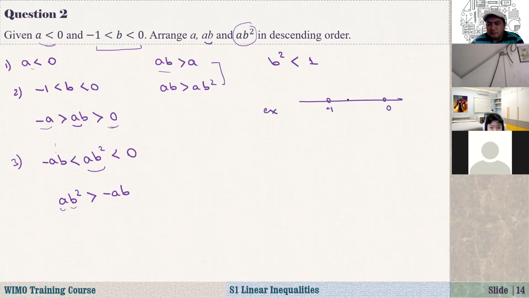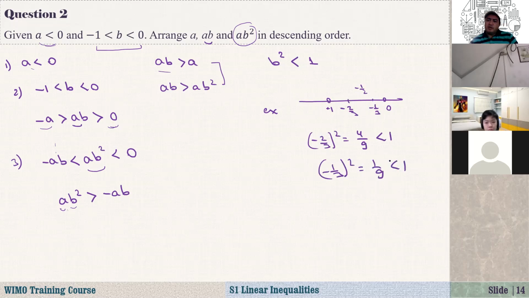What numbers do we have here? Let's say minus 2 over 3, or minus 1 over 3, maybe minus 1 over 2. What is minus 2 over 3 squared? It is 4 over 9, less than 1. What is minus 1 over 3 squared? It is 1 over 9, less than 1. Anyway, if you pick any number between negative 1 and 0, or 0 and 1, it doesn't matter. If you square this, the result will be less than 1.